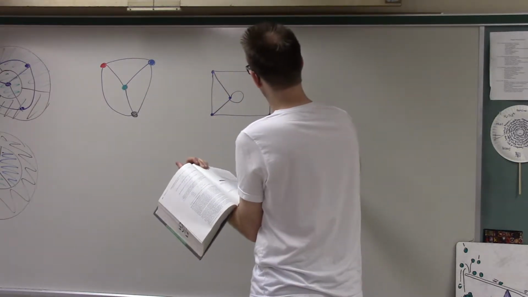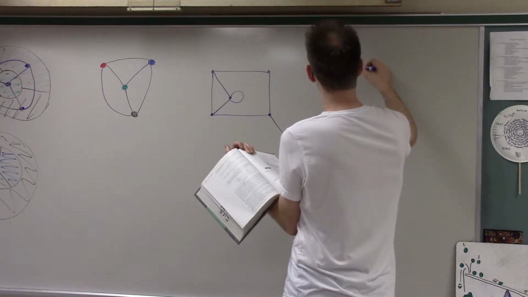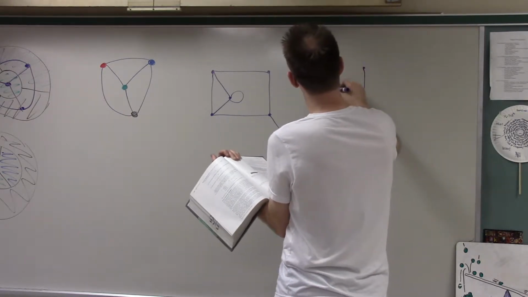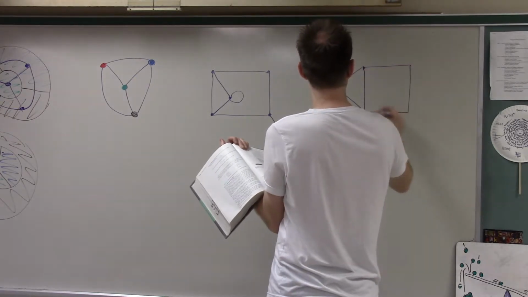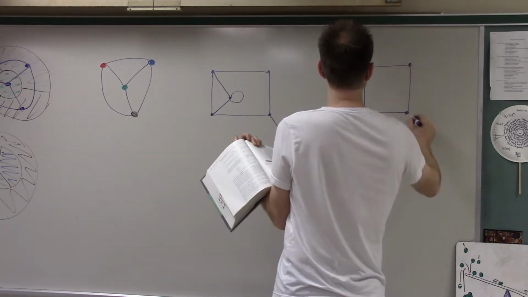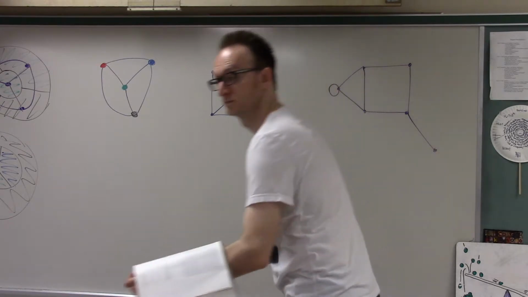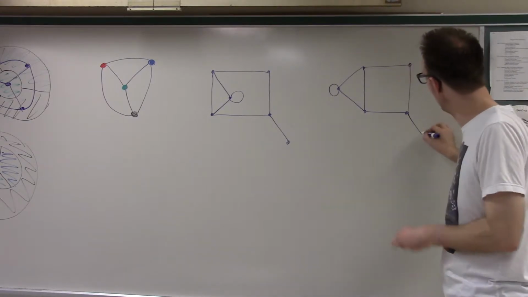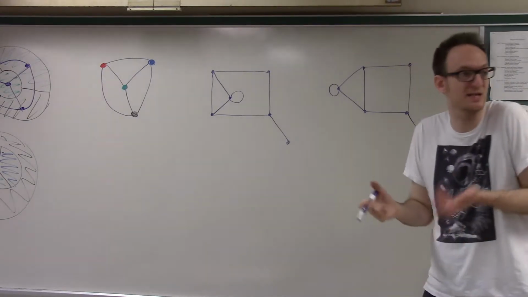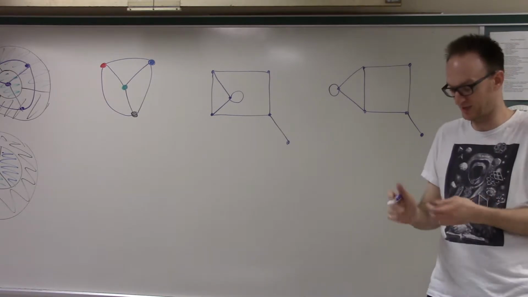And here is another graph. What can we say about these 2 graphs? They are isomorphic. Or alternatively, you can say these are 2 separate embeddings of the same graph, which is kind of like saying the same thing.